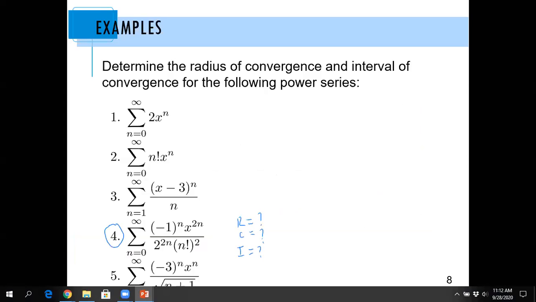That one's a little bit messy, but that will involve either using the root or ratio test, if you will recall. And then we'll be able to figure out, hopefully, a nice radius of convergence, a center, and an interval of convergence. So work on that for a couple minutes, and then we'll reconvene here.